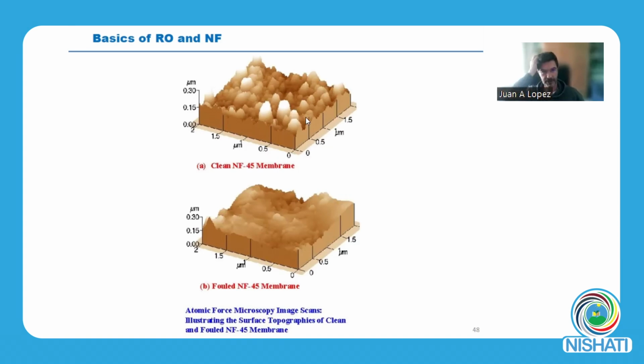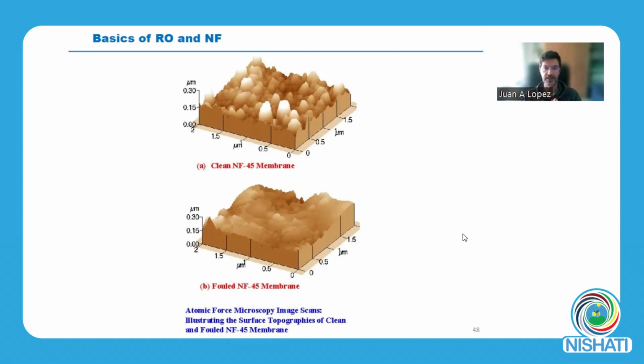Sodium hypochlorite is very commonly used to kill bacteria, and this hypochlorite oxidizes the membrane, so they are very sensitive to oxidants. Cellulose acetate membranes are not so sensitive to fouling, and they are more resistant to sodium hypochlorite than aromatic polyamide membranes. So what is the advantage?